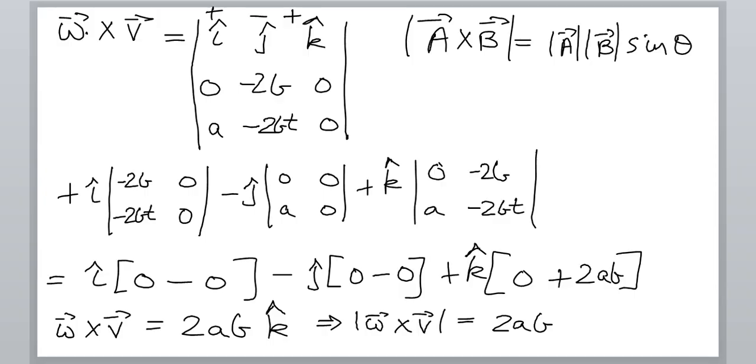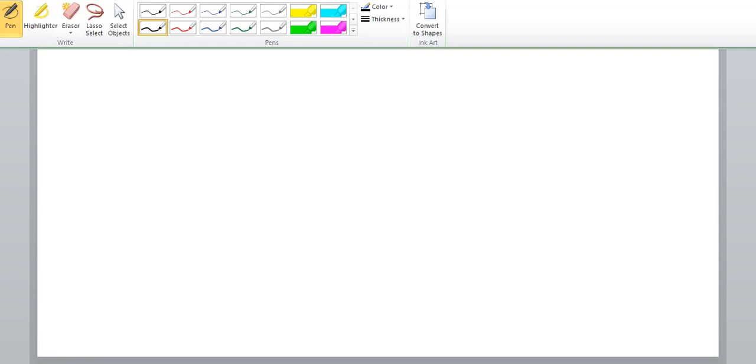However, we also need the values of modulus of a vector and the modulus of b vector, which means modulus of w vector and the modulus of v vector. But I have calculated that already, okay? So the modulus of w vector I have already calculated.